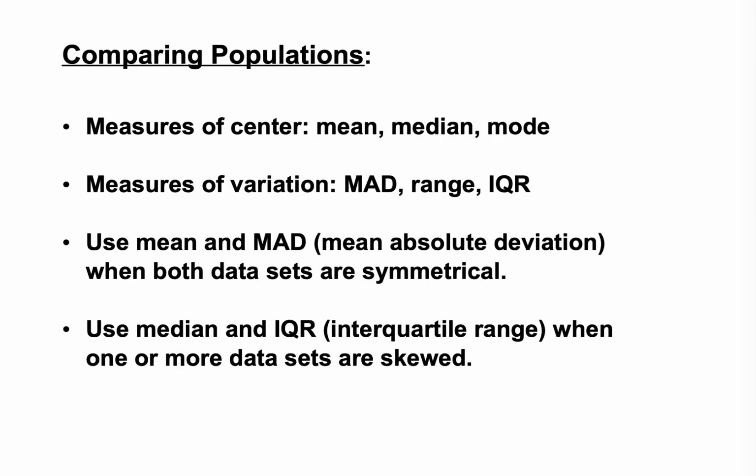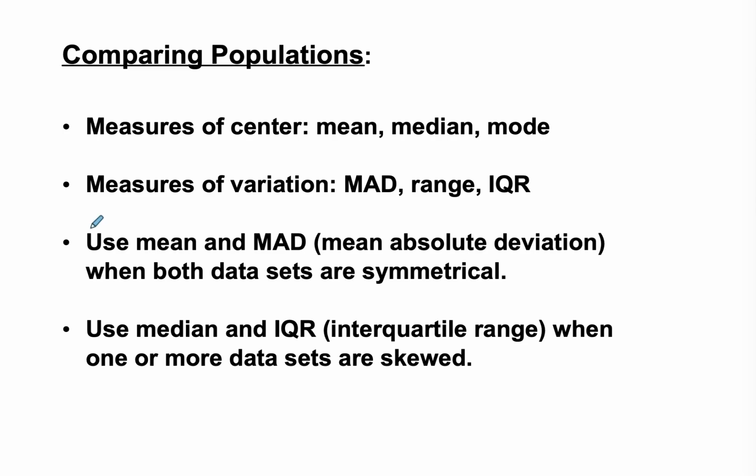All right, so now that we know about mean absolute deviation, we're going to use it to help us compare populations. In the problems coming up, they're going to ask us to look at 2 different things, measures of center and measures of variation. Measures of center include the mean, the median, and the mode. Measures of variation include the MAD, the range, and the IQR.